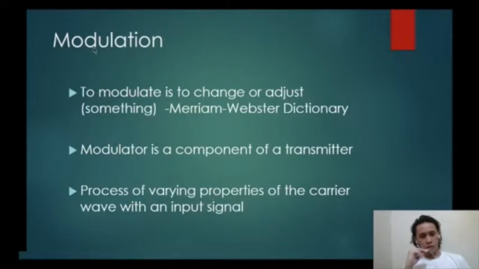Ibig sabihin ng modulation is babaguhin natin yung properties ng carrier wave. Pag sinabing properties, either amplitude, frequency, or phase, or combination ng any dun sa tatlo. That means kung hindi natin minodulate, carrier wave lang siya. Wala siya ganong information.